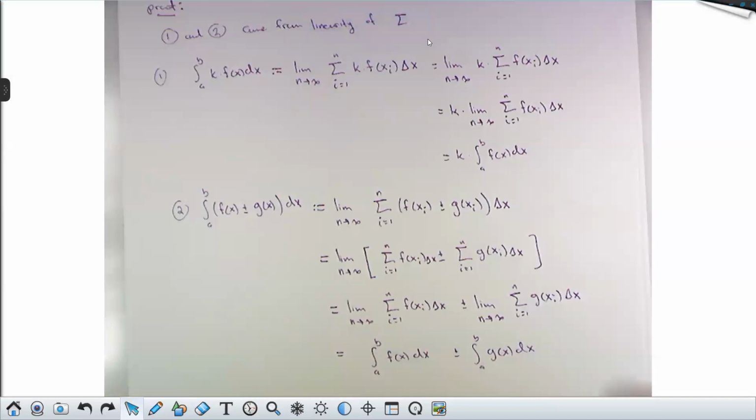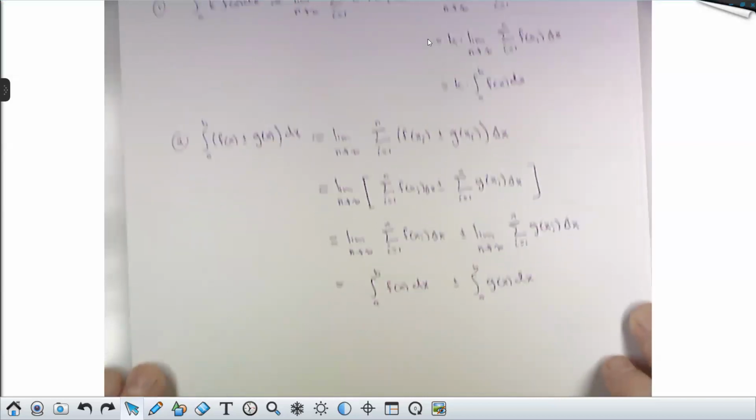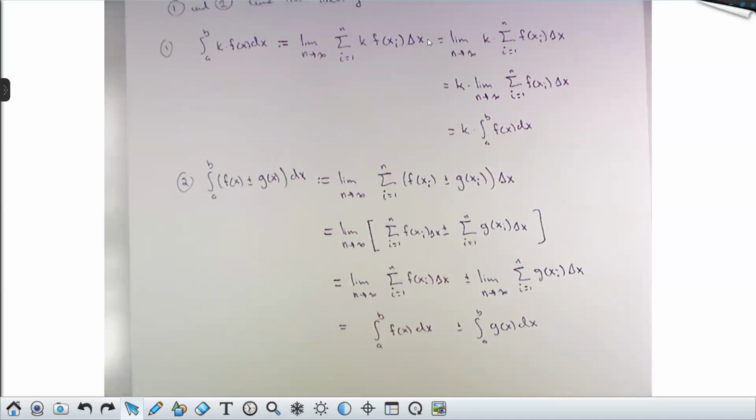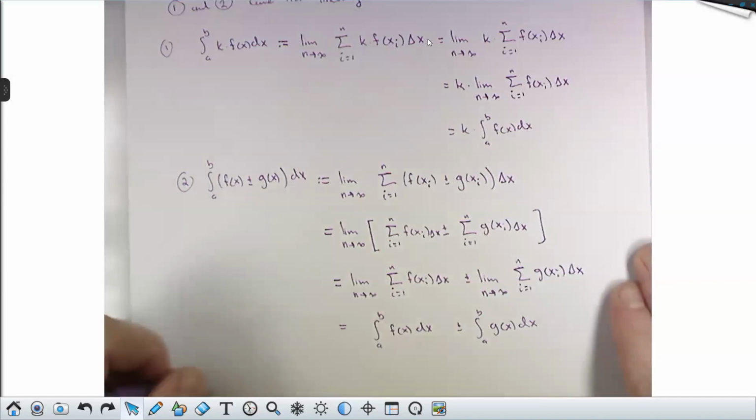But the third one is much cooler. I'm going to hold here for a second. Anybody who's writing. The third property is best understood geometrically.